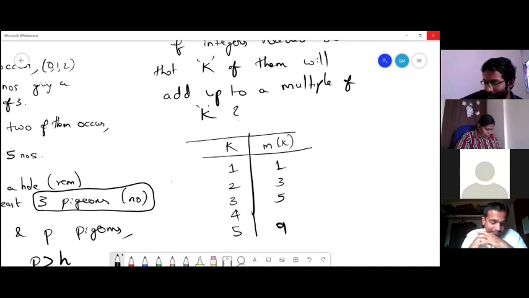So if you take 7, then there will exist 4 of them which sum to a multiple of 4. Were you able to justify it? What I thought is, for K equal to 4, there are 4 pigeonholes: 0, 1, 2, and 3. Imagine you put three numbers in the first pigeonhole and 3 numbers in the second. Here we have 6 numbers which do not have this property.